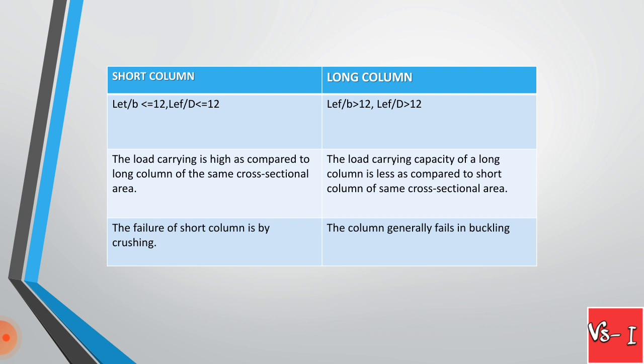The load carrying capacity of the short column is high as compared to the long column of the same cross-sectional area, and the load carrying capacity of the long column is less. The failure of the short column is by crushing, and for the long column it is generally by buckling.